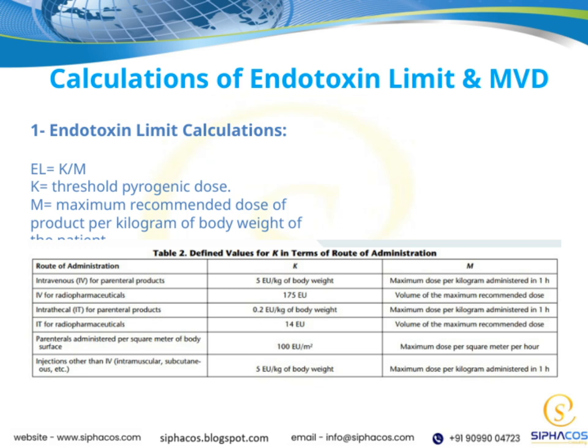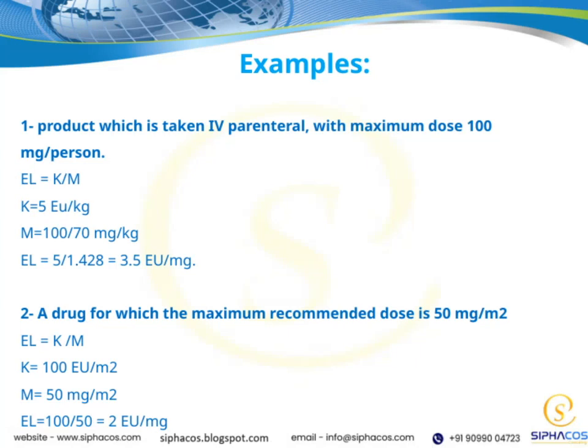It's important to grasp how these values interact because they guide us in setting acceptable endotoxin levels, the maximum valid dose, or MVD, being a key part of this. So, in summary, by calculating the endotoxin limit using this formula, we make sure our products remain safe for patient use while maintaining their effectiveness. Now, let's look at the first example.